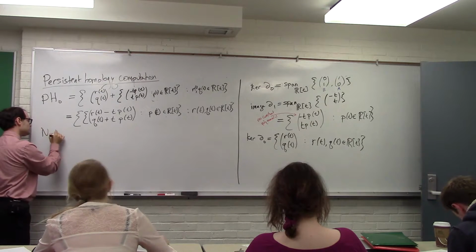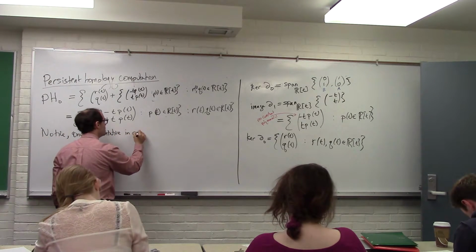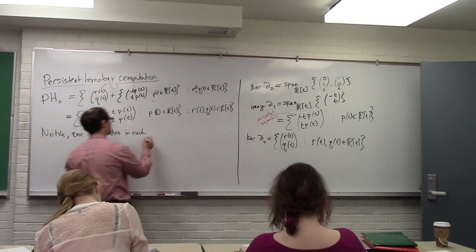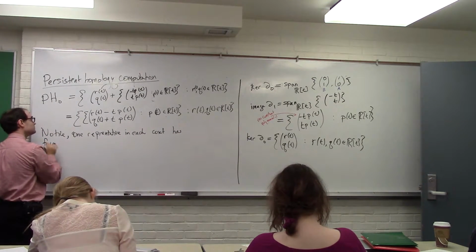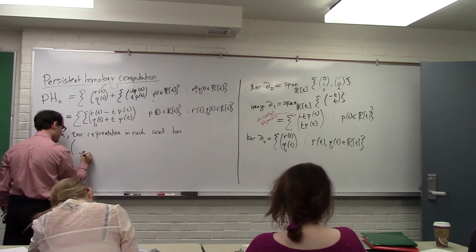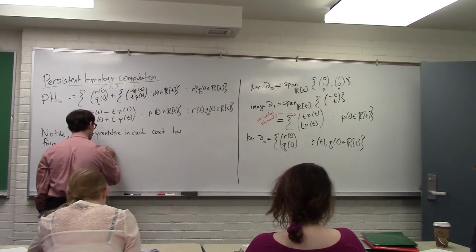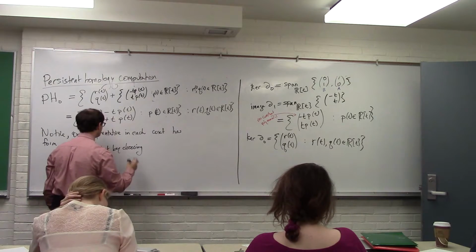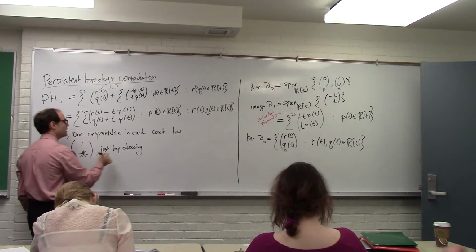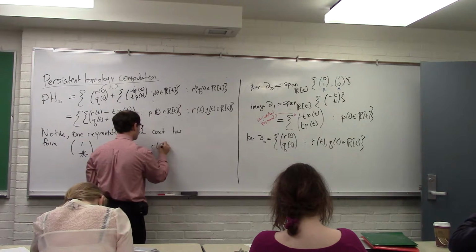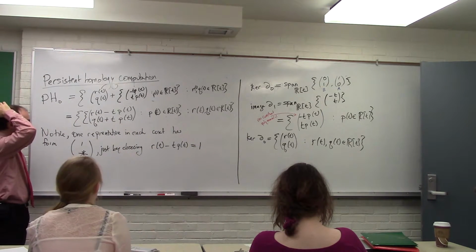So notice one representative in each coset has the form (star, ...). In actual fact, put a 1 there, just by choosing R(T) - T P(T) equal to 1.